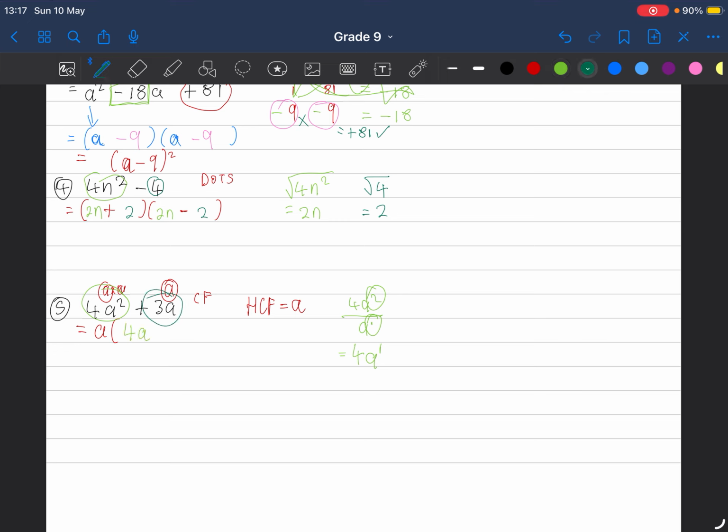Then positive 3a divided by a. So 3 divided by 1 is 3. The a's cancel, and that's what you're left with. Well, it's a positive 3, so plus 3, and that's factorized. We won't be able to factorize this further.